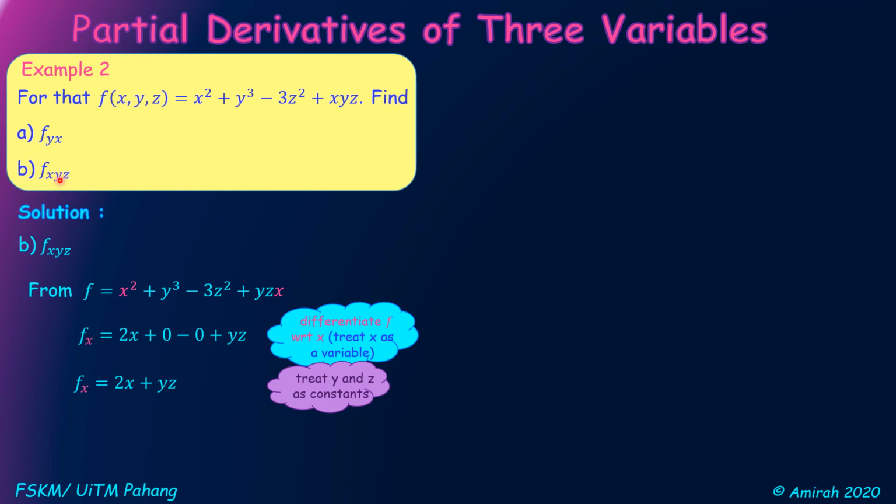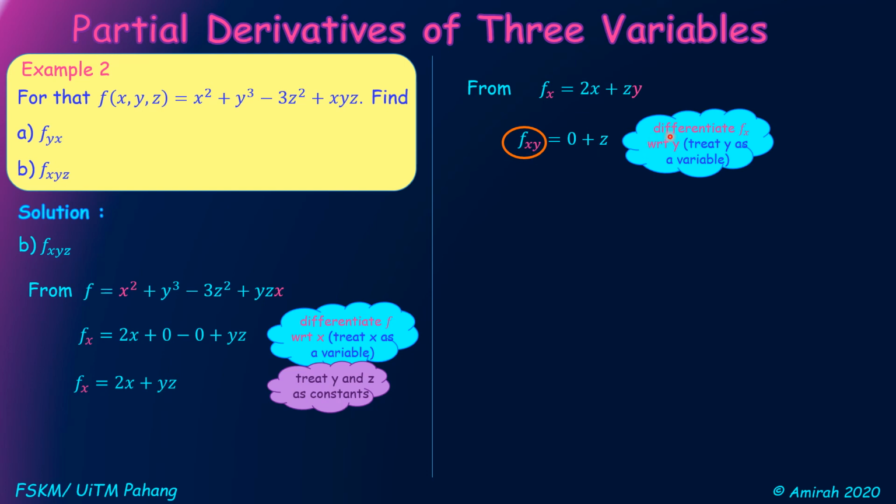After we find fx, now we can find fxy. To find fxy, we differentiate from fx. fxy here means we differentiate fx with respect to y. We treat y as a variable.